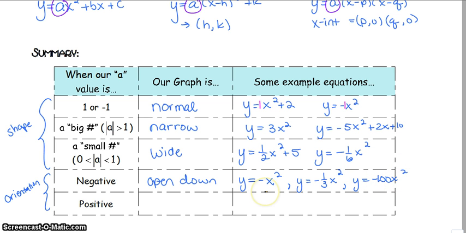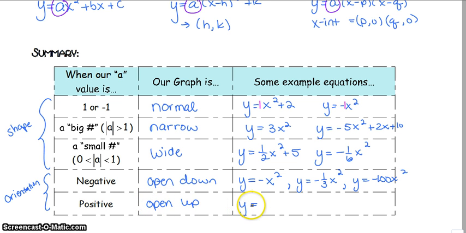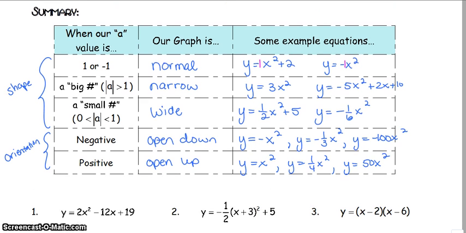Just the fact that the a value is negative, it's going to open down always, and if it's positive, it's going to open up. So again, we could have a positive normal graph, we could have a fraction that's positive, or we could have a large number that is positive. Just the fact that it's positive is going to tell us which direction it opens. And positive is up.